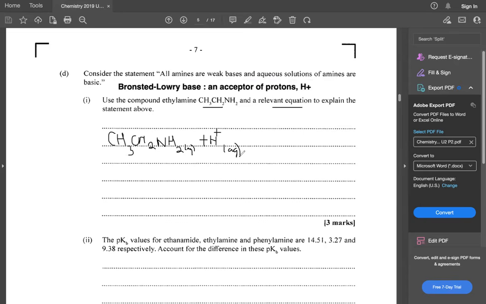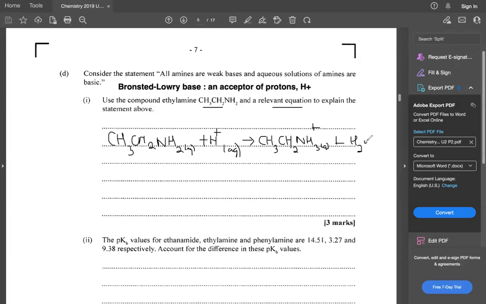And what that gives us then is an ammonium salt, right? Very similar, analogous to what would happen in the case of ammonia, right? So it's often likened to ammonia. So we have this ethylamine that's accepting a proton, and what we're going to get is this ammonium salt, CH3CH2NH3+ aqueous, and of course water, right?